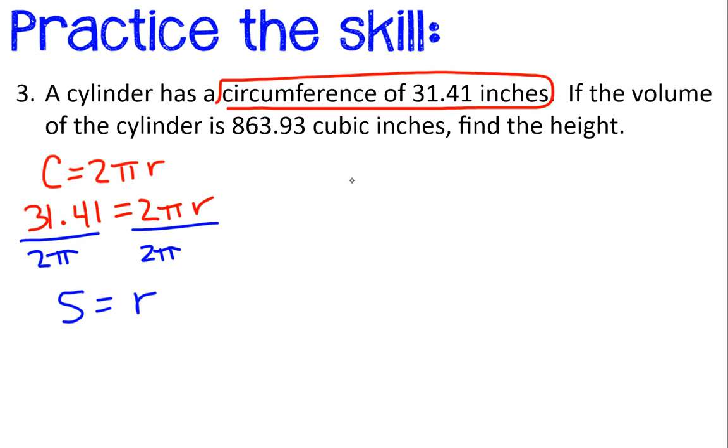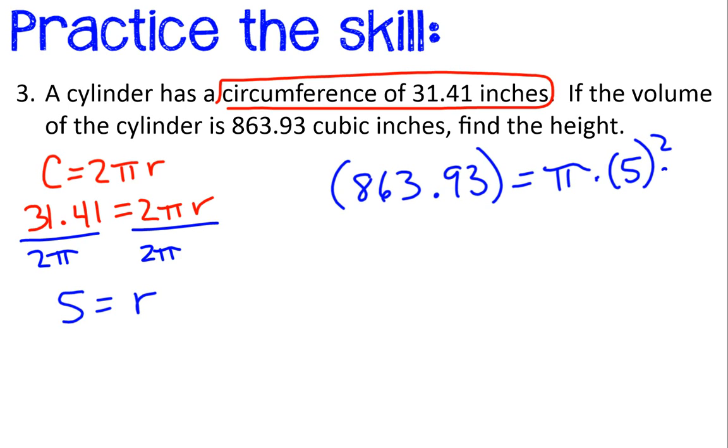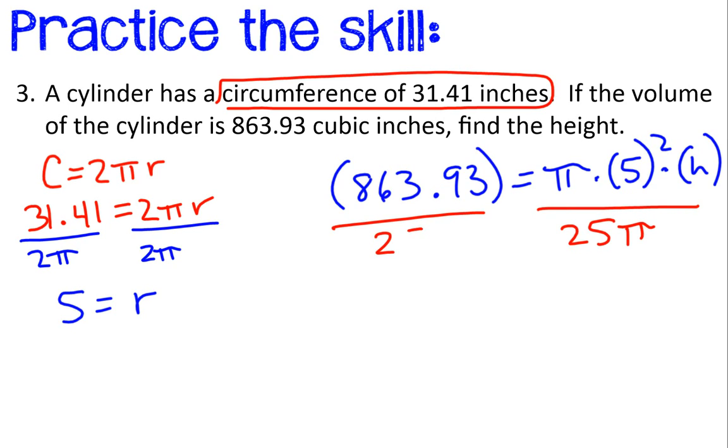All right. So the volume is 863.93, and the radius is 5. Don't forget to square that. And the height is unknown. So I'm going to divide both sides by 25 and pi, because 5 squared is 25.